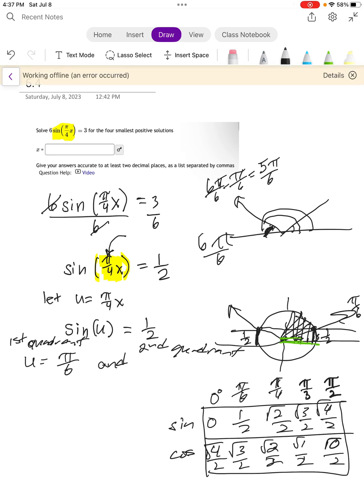So that's the second angle, when u is equal to 5 pi over 6. But we're not done with this problem, because all coterminal angles would also be a solution.